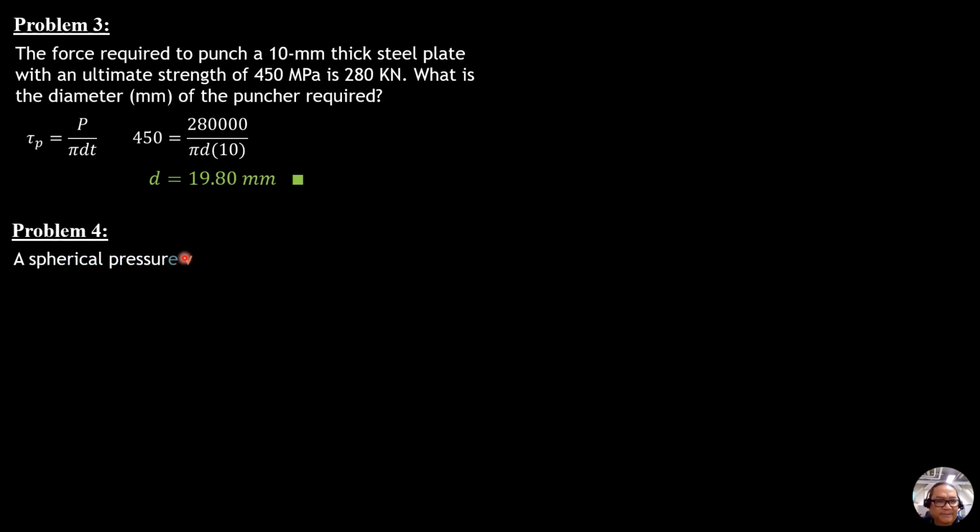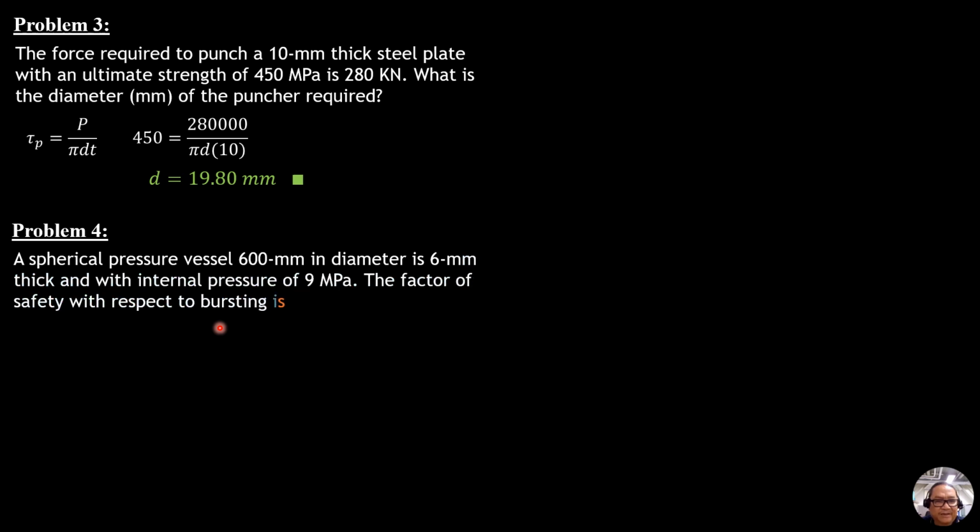Next, problem 4. A spherical pressure vessel 600 mm in diameter is 6 mm thick with an internal pressure of 9 megapascals. The factor of safety with respect to bursting is 3. Determine the ultimate hoop stress of the material.